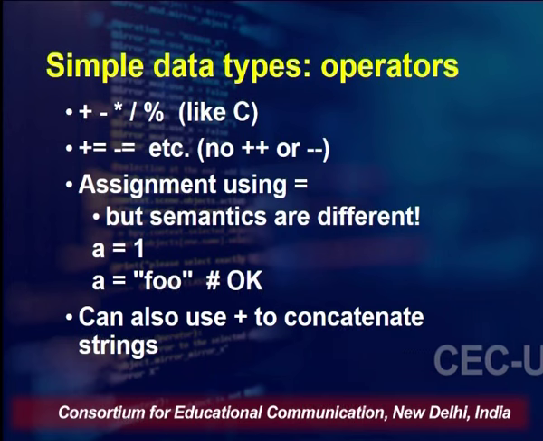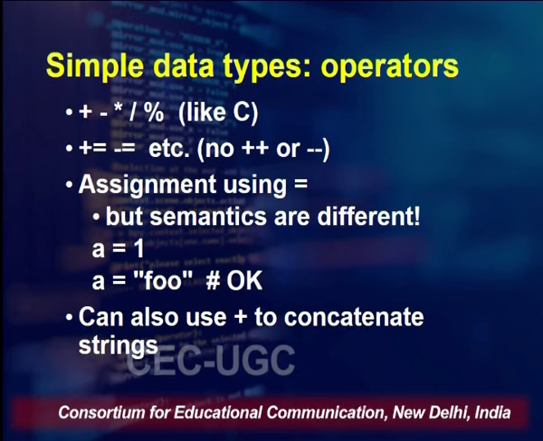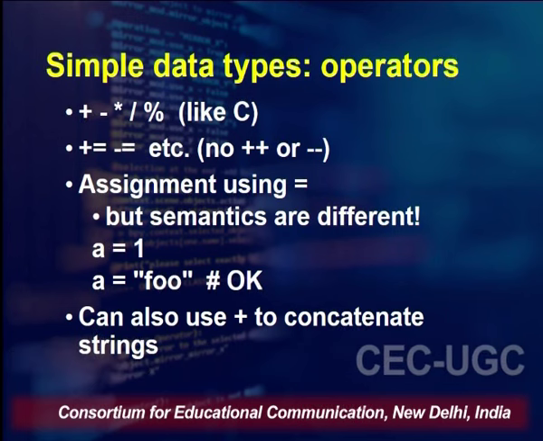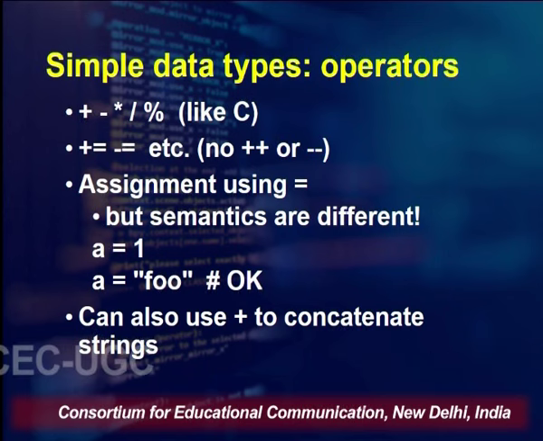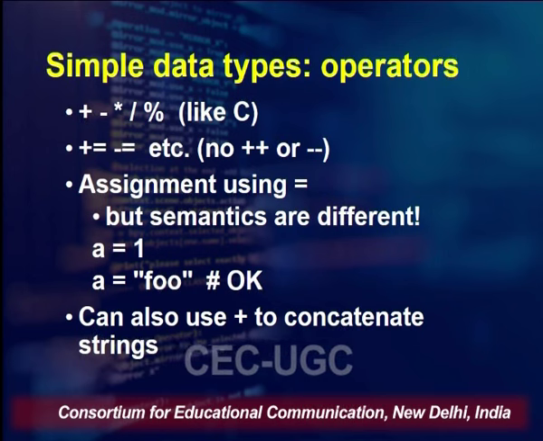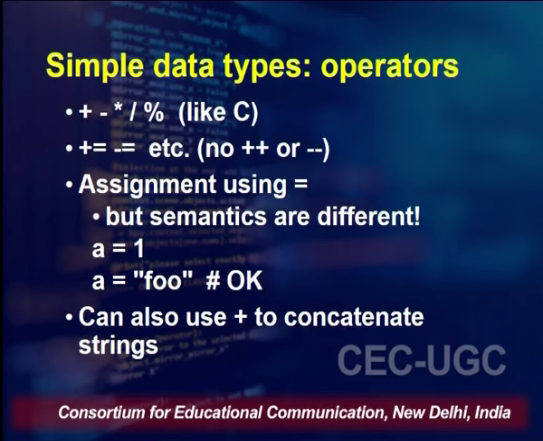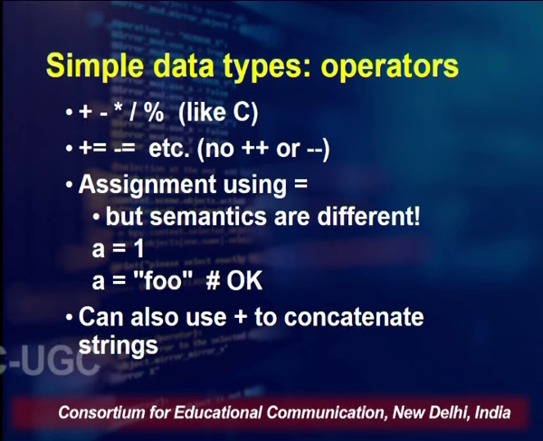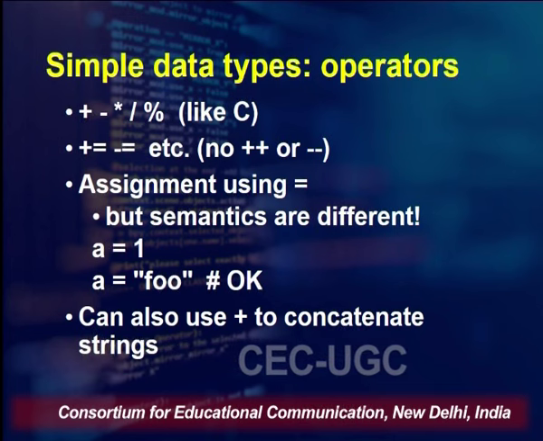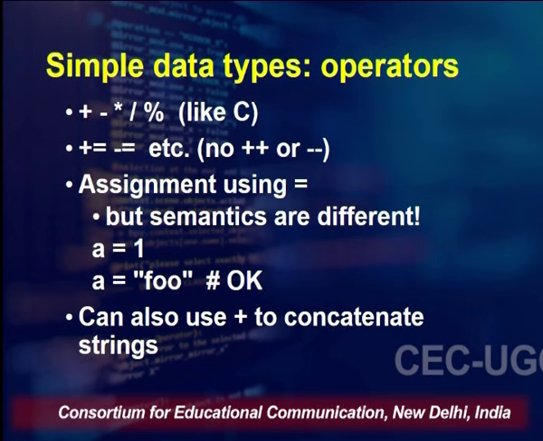In C and C++ we have the increment and decrement operators, plus plus and minus minus, but here we will have plus equal to and minus equal to instead of plus plus. So, instead of x plus plus, here you will say x plus equal to, or x minus equal to, right.